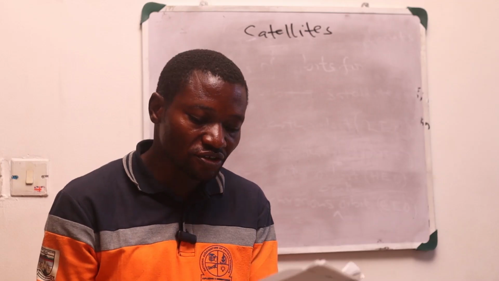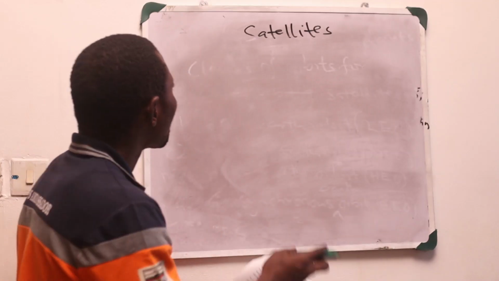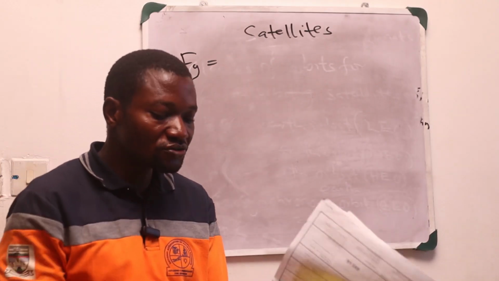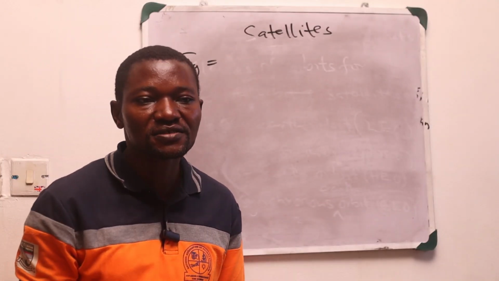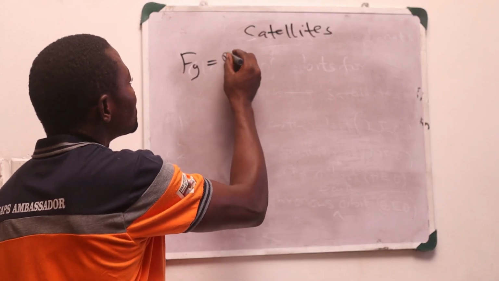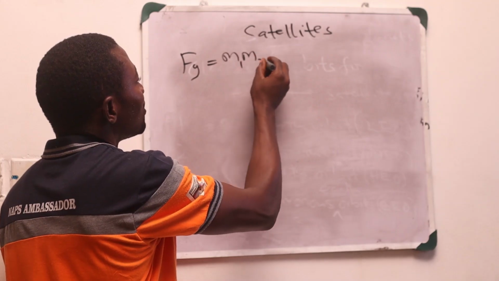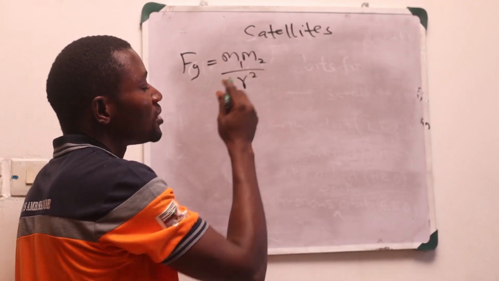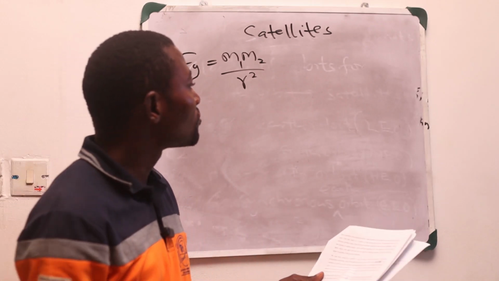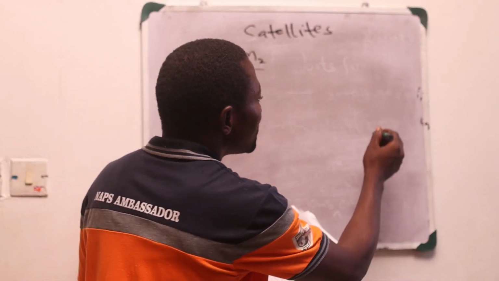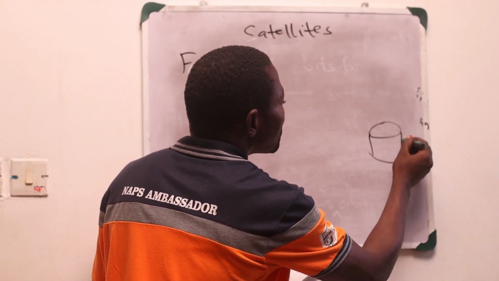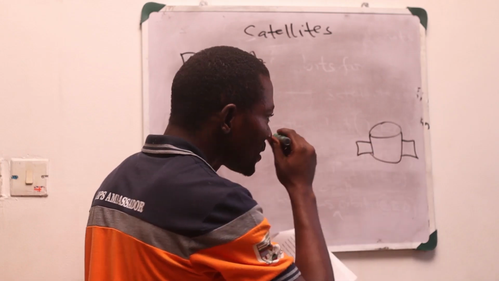The next thing we want to look at is Newton's law of gravitation. And according to Newton's law of gravitation, the force of attraction between two masses is directly proportional to the product of their masses, m1, m2, and inversely proportional to the square of the distance. So we are looking at satellite, and we can sketch our satellite this way.